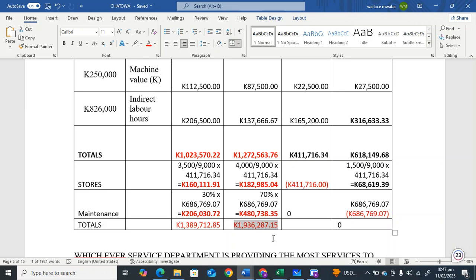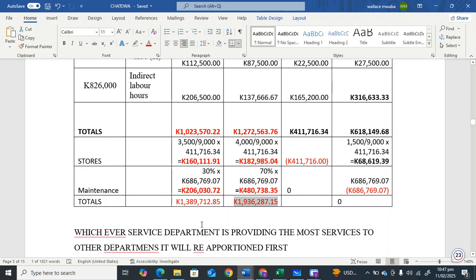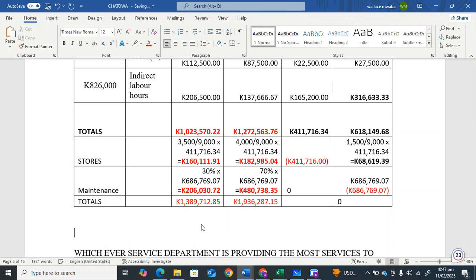Okay, so now after we've got this, the total overhead for our production departments, this is where we're calculating the overhead absorption rate. The overhead absorption rate, think of it as the overhead cost per unit. All right.